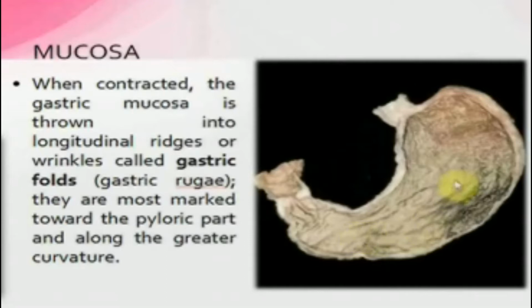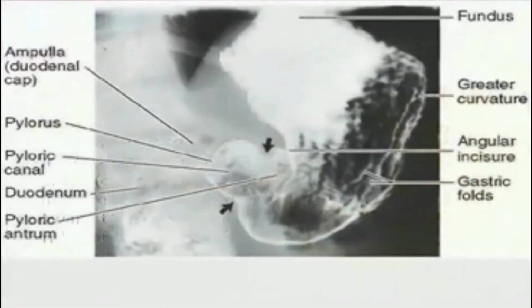They are most marked towards the pyloric part and along the greater curvature. During swallowing, a temporary groove or furrow-like gastric canal forms between the longitudinal gastric folds along the lesser curvature. It can be observed radiographically and endoscopically. The gastric canal forms because of the firm attachment of the gastric mucosa to the muscular layer, which doesn't have an oblique layer at this site.